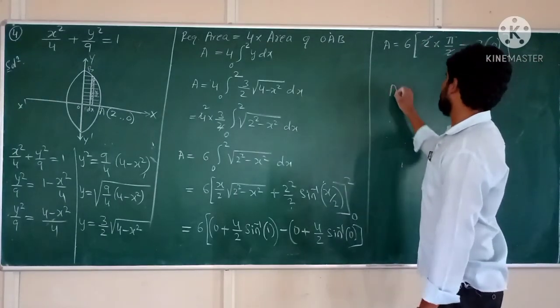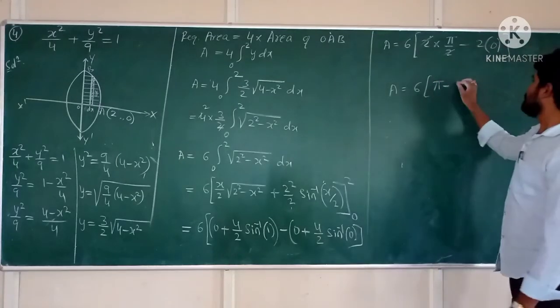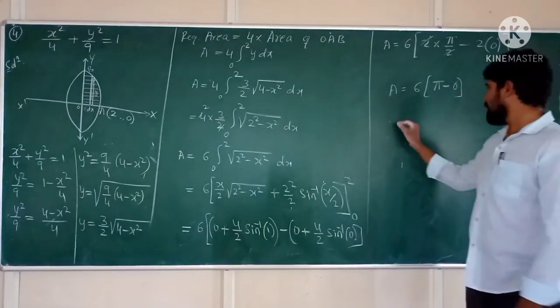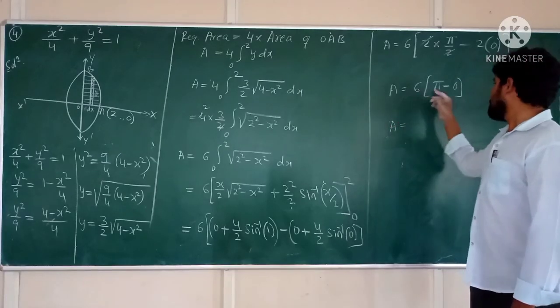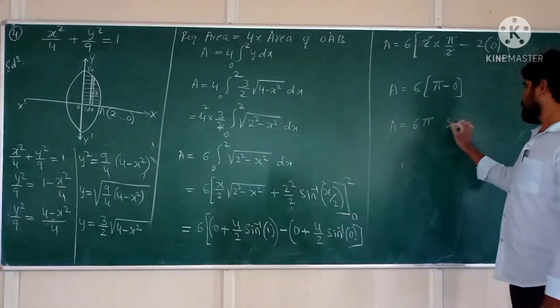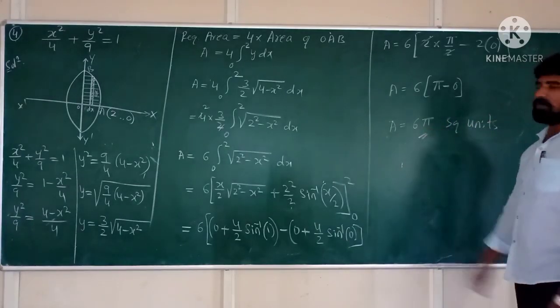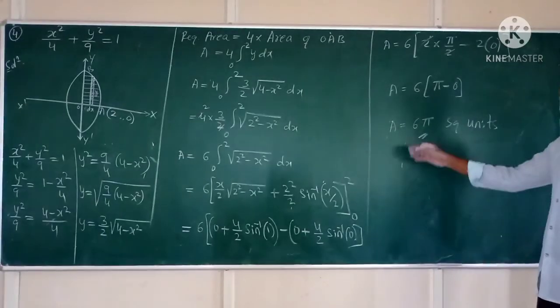Therefore area is equal to 6 into pi minus 2 into 0, which is 0. Hence the required area A is equal to 6 into pi, 6 pi square units. I hope all of you understood. If possible, take a note.